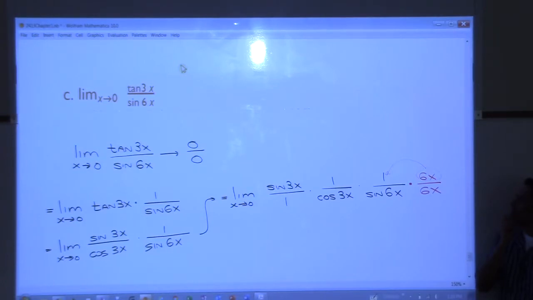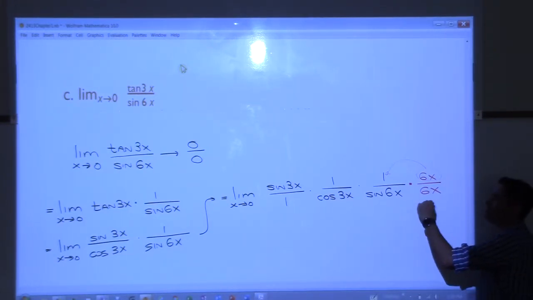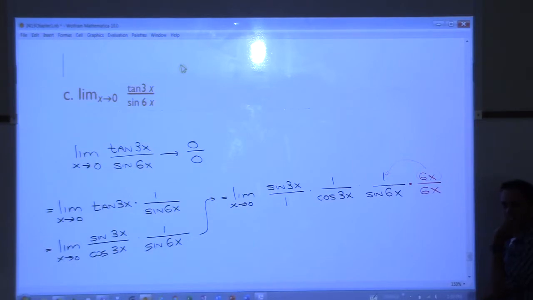What do you mean? But you can't just come in and divide this by 6x. You'd have to divide the top and bottom by 6x. Does anyone see it? Multiply the sine. How do you mean? I think you're on the right track.